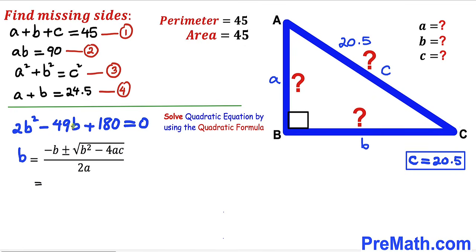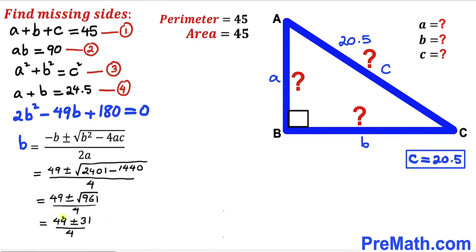So we got B value is negative 49, negative and negative become positive 49 over here, plus or minus the square root of negative 49 whole square minus 4 times A value is 2, and our C value is 180 all over 2 times 2. And if we simplify furthermore, we are ended up with 49 plus or minus 31 all over 4.